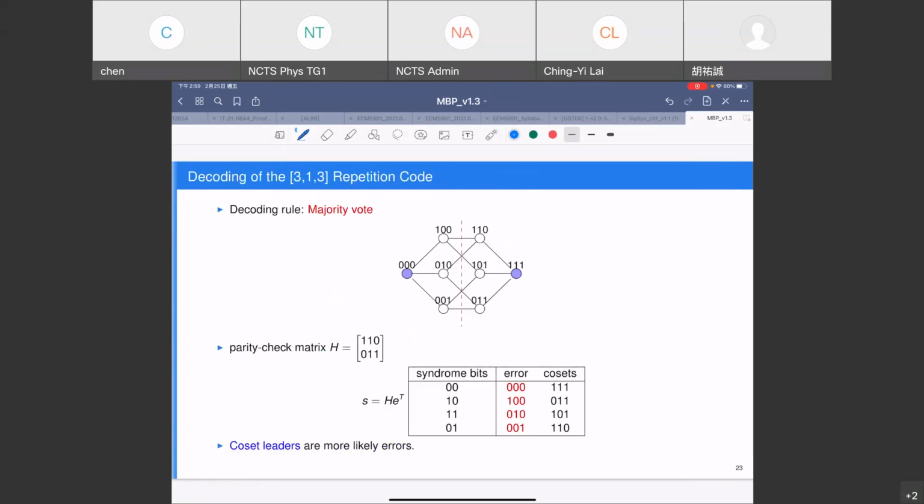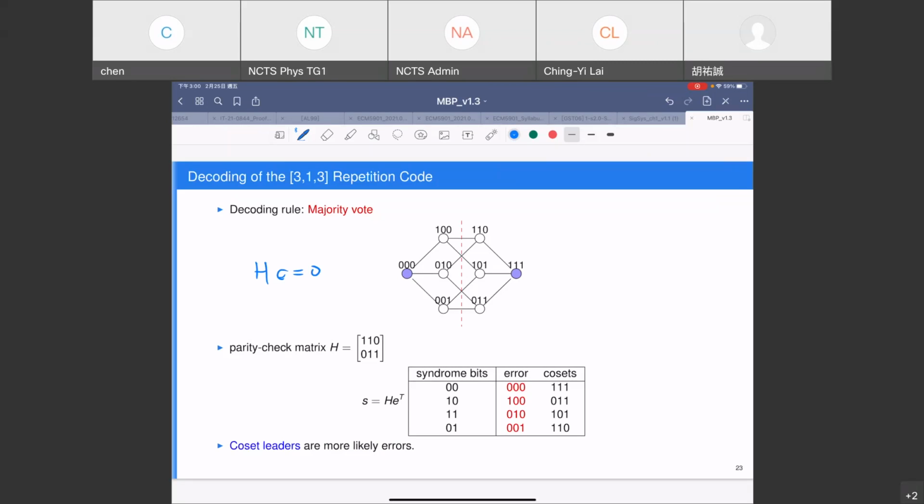Here we have a parity check matrix H, with rows 110 and 011. The meaning is that a code word should be in the null space of H, meaning that if C is a code word, HC is equal to 0.